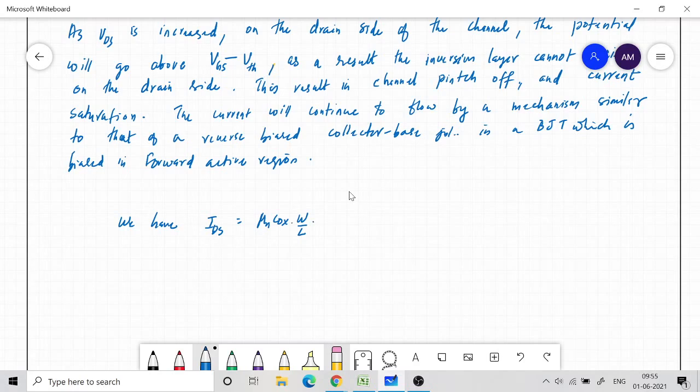Then we had two terms: one was VGS minus VTH into VDS, and the other was VDS square by 2. This is what we got in the last class.